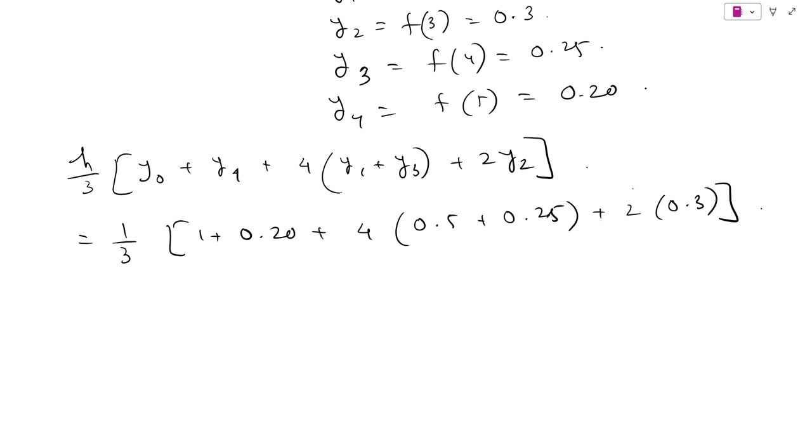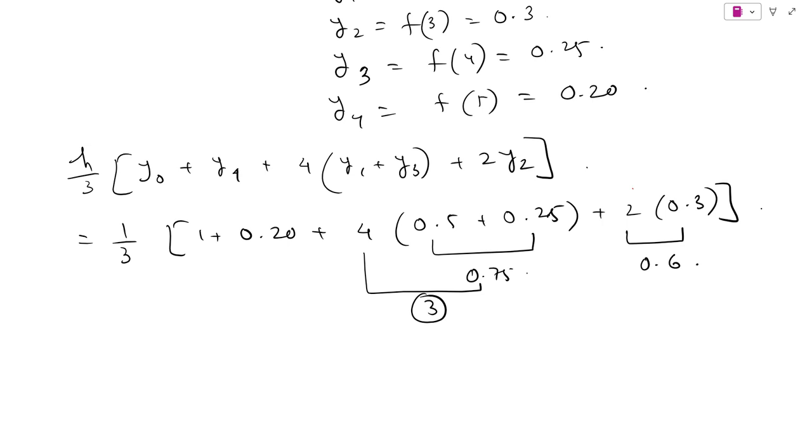Now simplify carefully. First calculate 0.5 plus 0.25, so this is 0.75. Multiplying by 4, this will be 3. And 2 times 0.3 is 0.6.